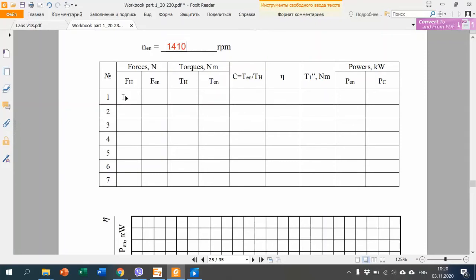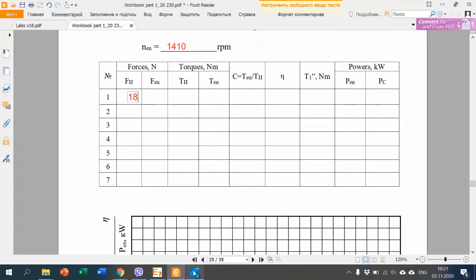If you remember, 1 kilogram presses on the base with a force of 10 newtons. So it means that 100 grams is 1 newton. So the first point is 1 kilogram and 800 grams, 18 newtons.